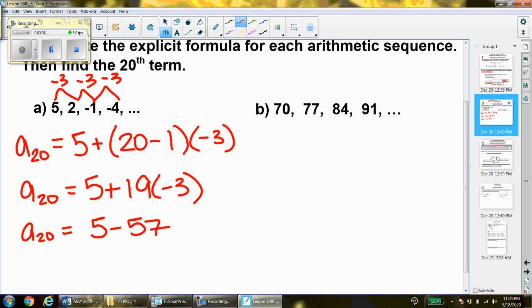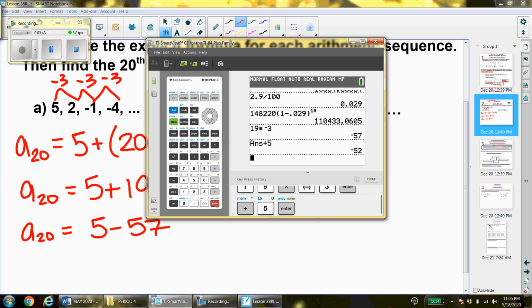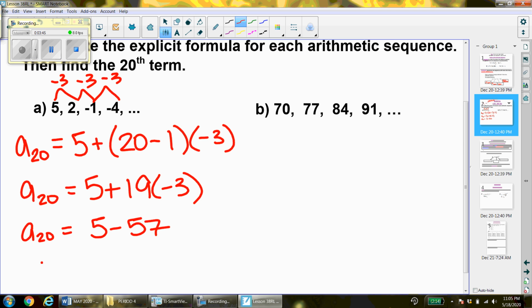And then negative 57, I'm going to add 5, and that gives me negative 52. So the 20th term is negative 52.